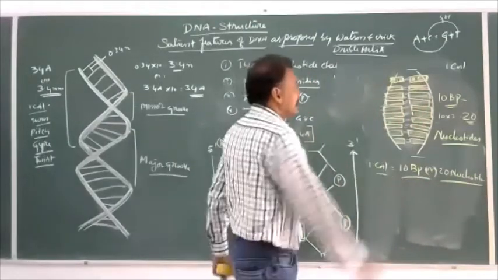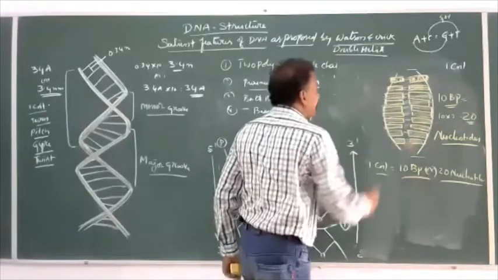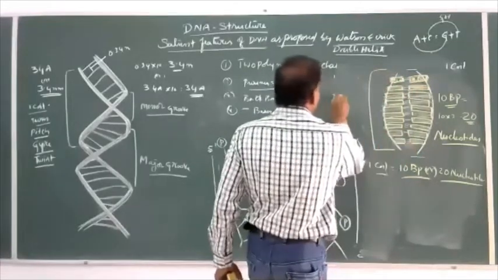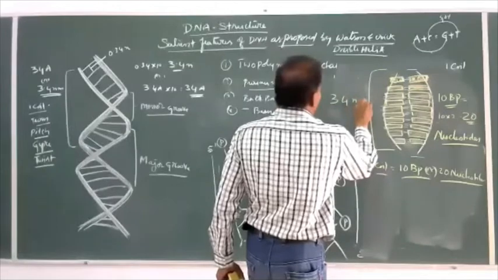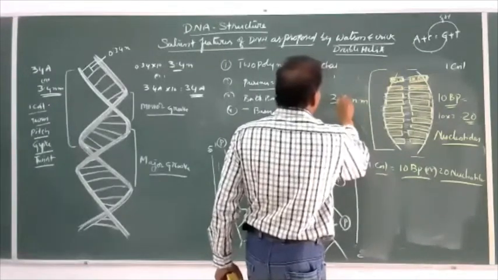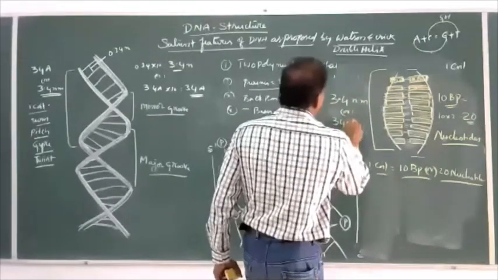And the distance or length of one coil is equal to 3.4 nanometers or 34 angstroms.